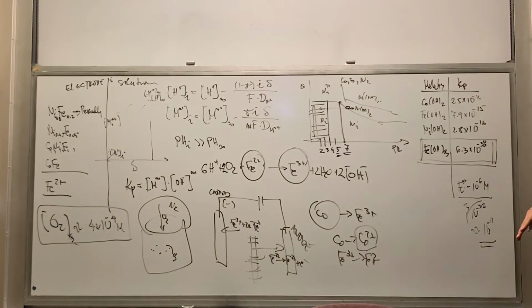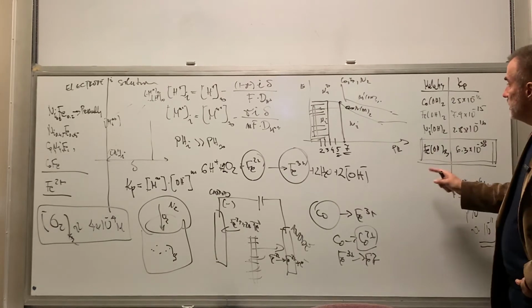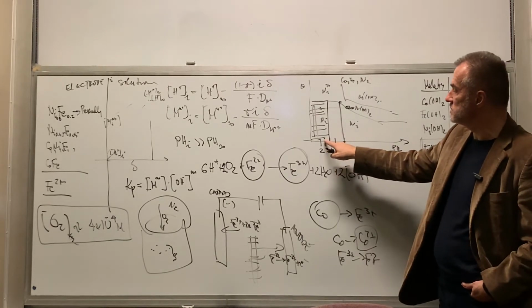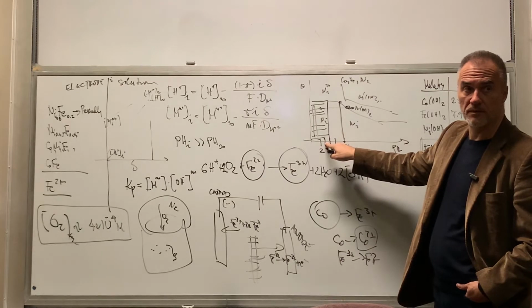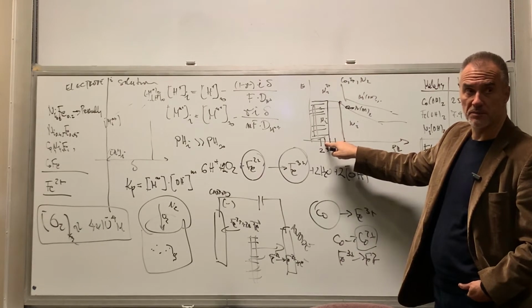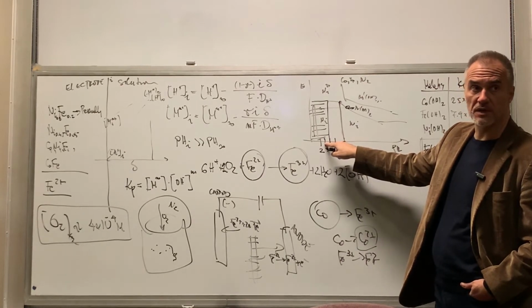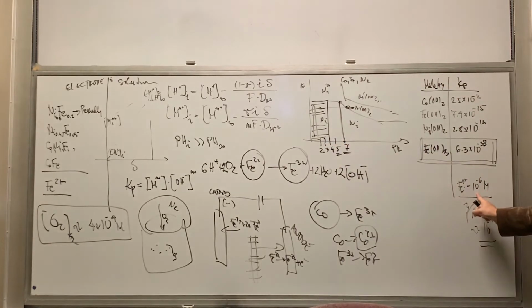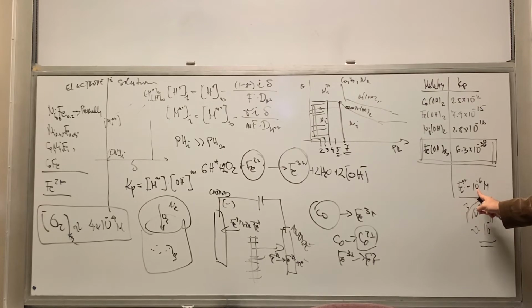What I'm trying to tell you, pOH 11 means that pH is 3. So if the pH is 3 and it goes a little bit off 3, you're going to start precipitating iron 3 hydroxide. And you only have 10 to the minus 6 molar concentration, which is really, really small.